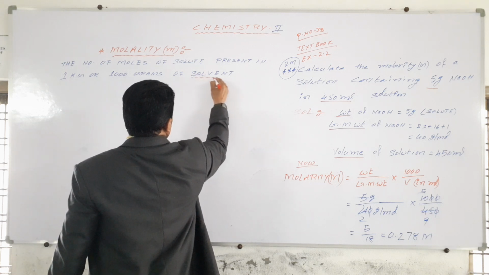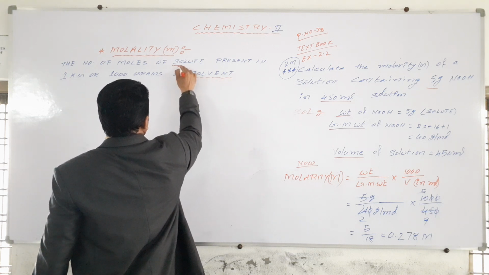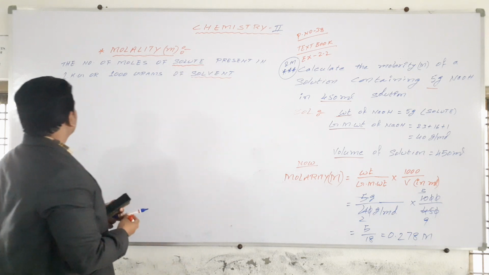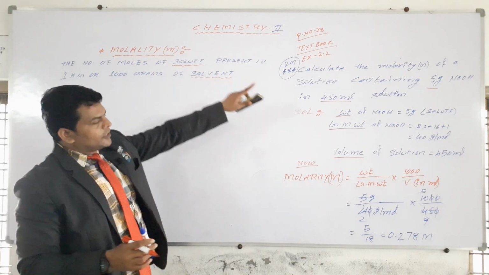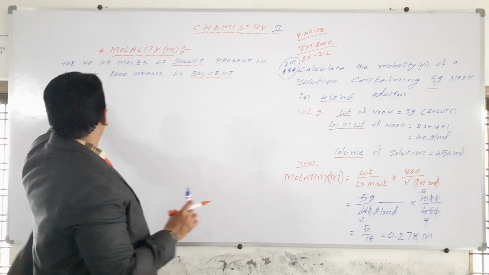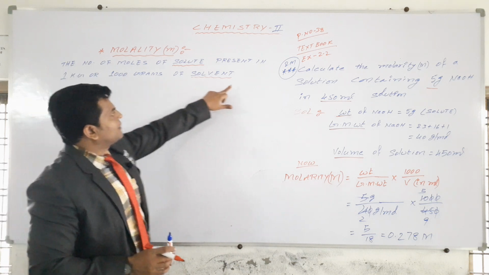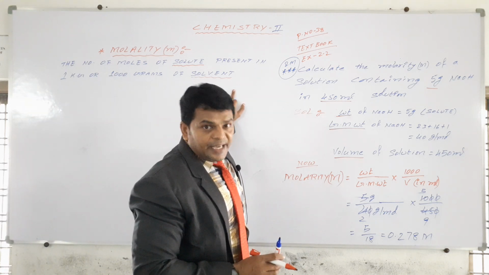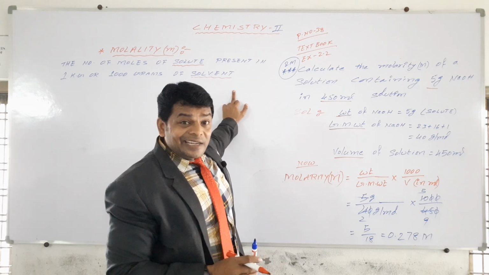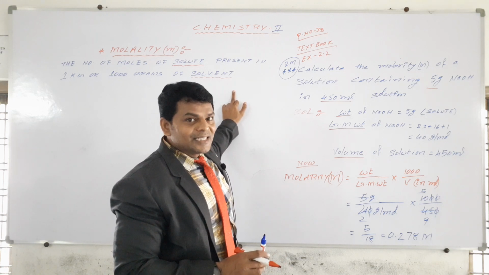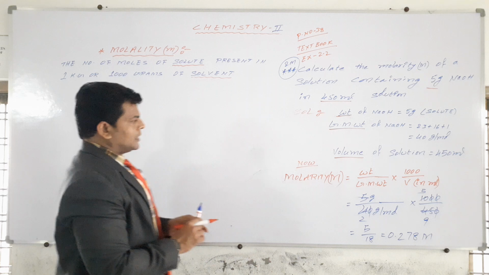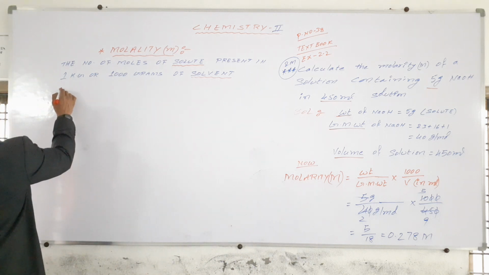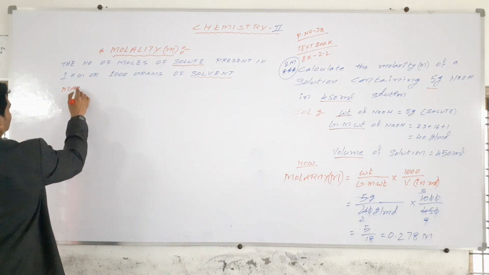So you have to underline this and you have to underline this. The number of moles of solute present in 1 kg or 1000 grams of the solvent is called molality. That is molarity, this is molality. Next, mathematical form.